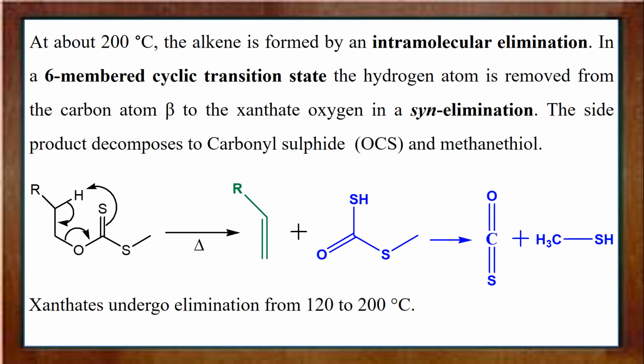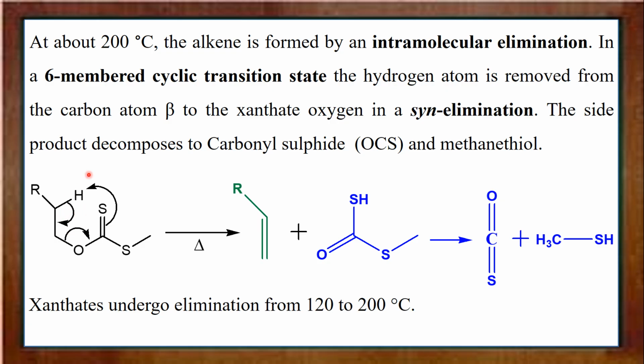In the resulting methyl xanthate, this oxygen is the leaving group. The carbon to which it is connected is alpha carbon, and this is beta carbon.